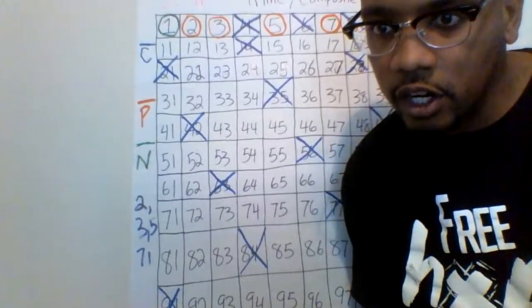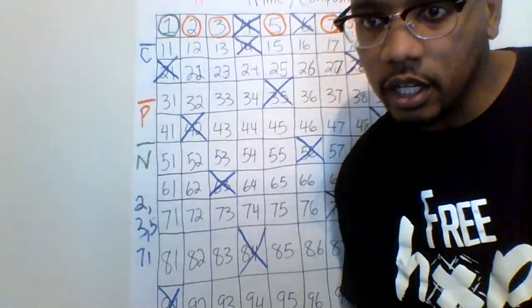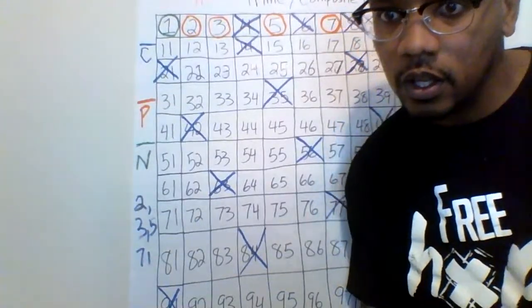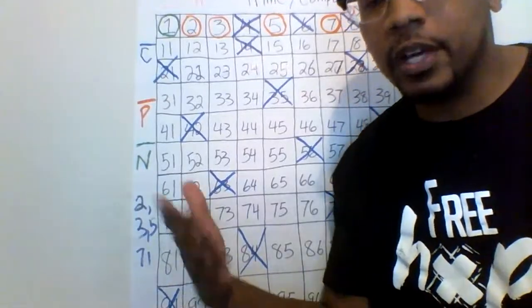Good. Cesar, Chris, good. Natalie says 5 times, so that's the multiplications of 5.